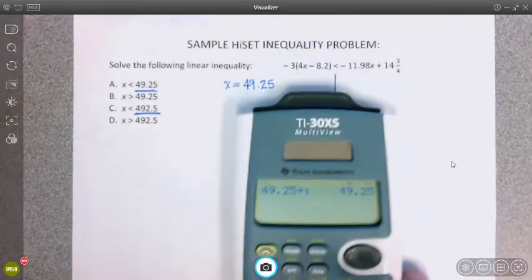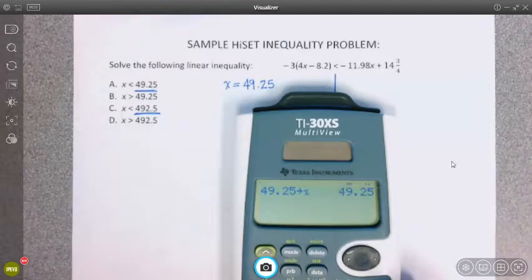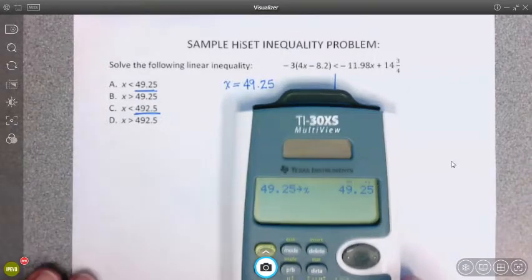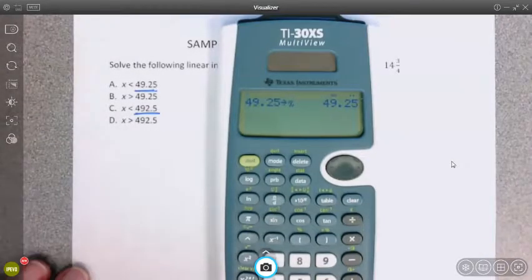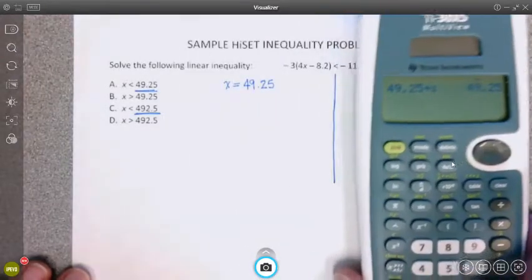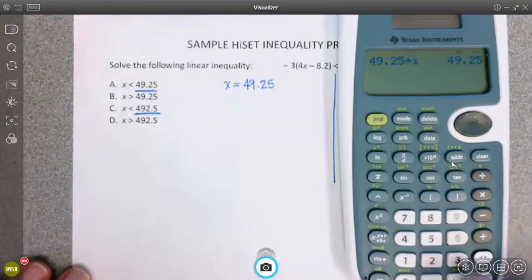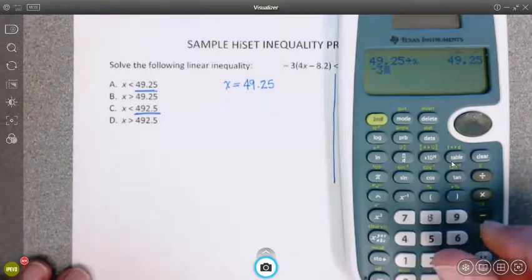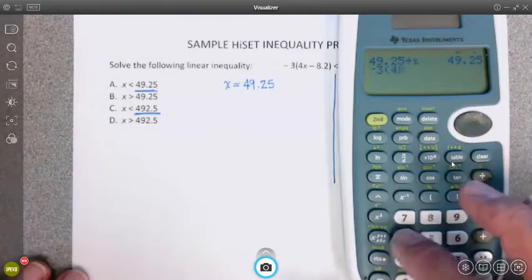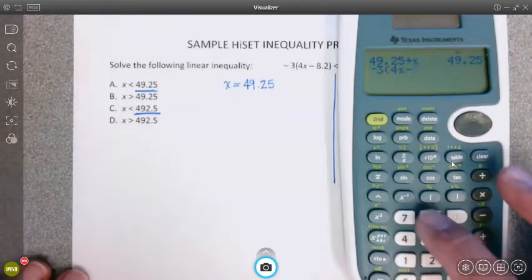And now all I need to do is enter in the left and the right hand side expressions to see what their value is when x equals 49 and 25/100ths. So let's start by entering in the left hand side. I've got -3, parentheses, 4x minus 8 2/10ths.